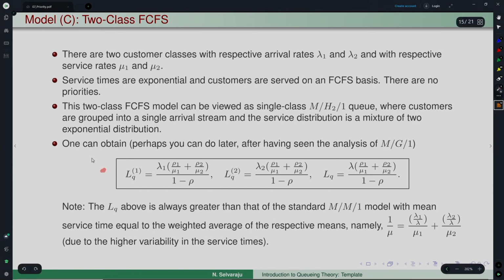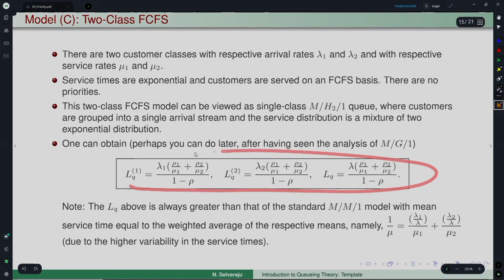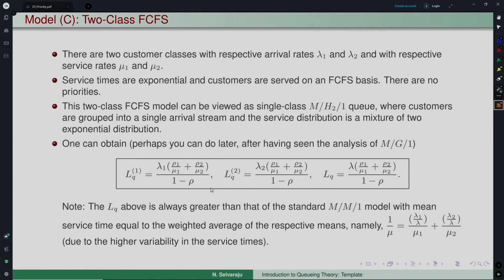You can obtain it otherwise with the current material, but that is a little tedious process. If you have knowledge about the analysis of the M/G/1 model, then these quantities are very easy to obtain. You can see that later, but if you want to analyze again you can start from the basics, but that is a very tedious job anyway.